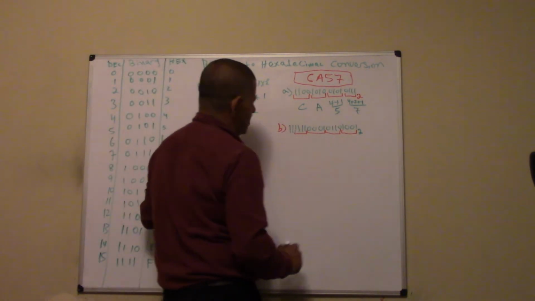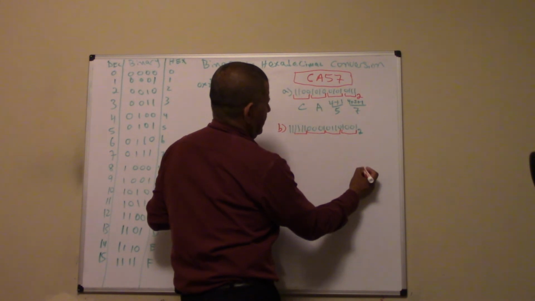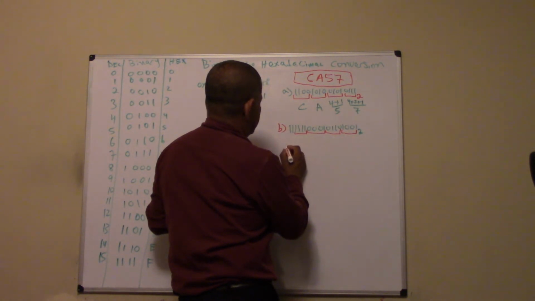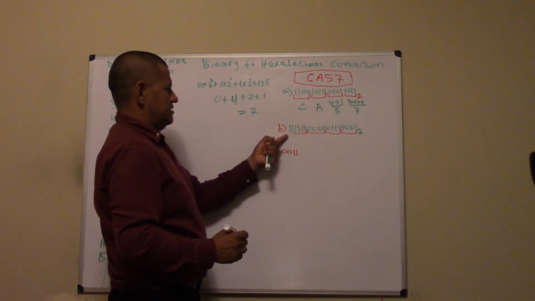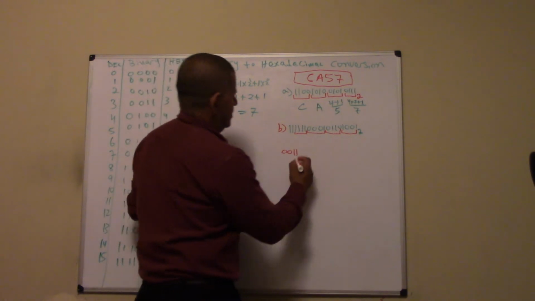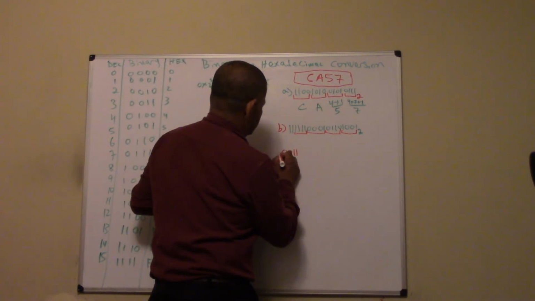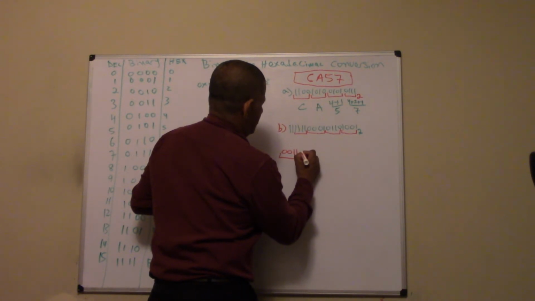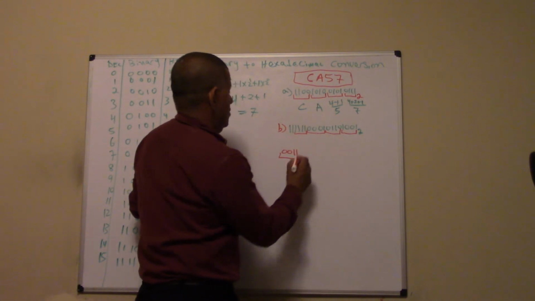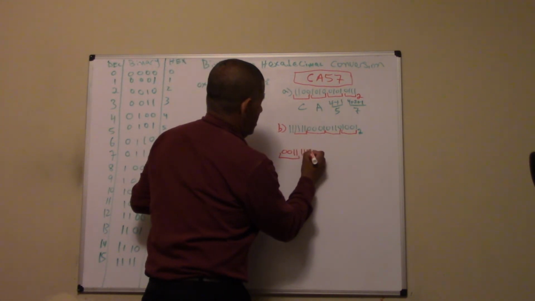So what I'm going to do now is do the following. I've got to say 0, 0, 1, 1. I already added to the left here. See that? Right? Then, right? And then I do 1, 1, 1, 1.